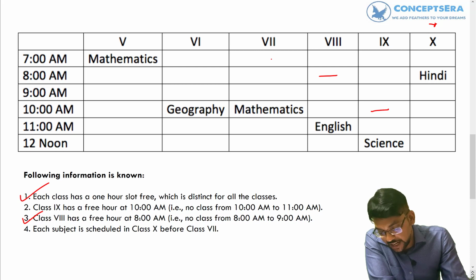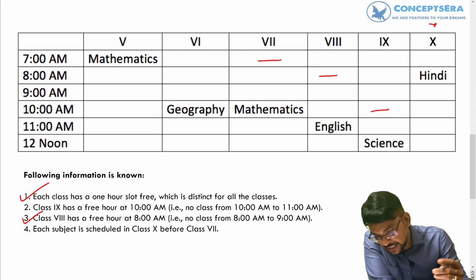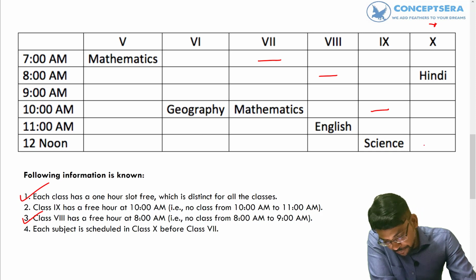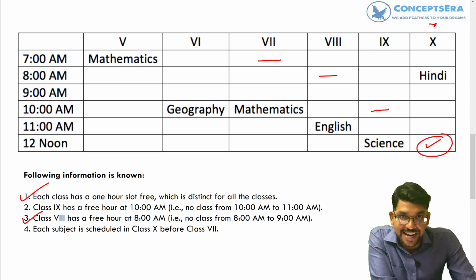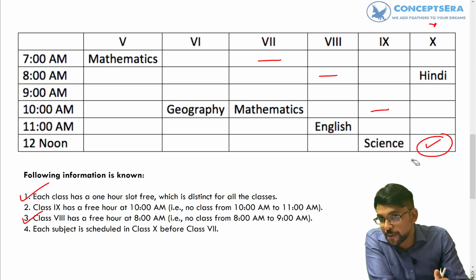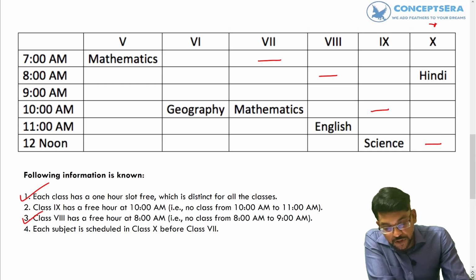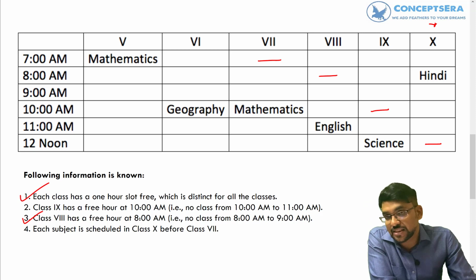So nothing will be taught at 7 o'clock in 7th class. Now similarly, you can see if something has been taught here at this particular position, which is 12 o'clock in 10th standard, then nothing will happen after 12 o'clock in 7th class. So definitely nothing will be taught at this particular position. So we got the free hour slots for 7th, 8th, 9th and 10th.